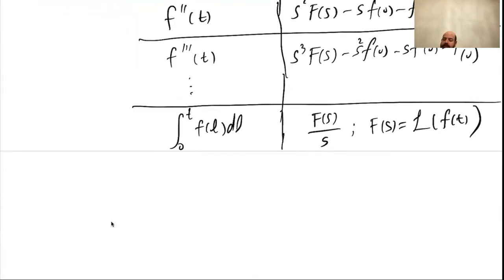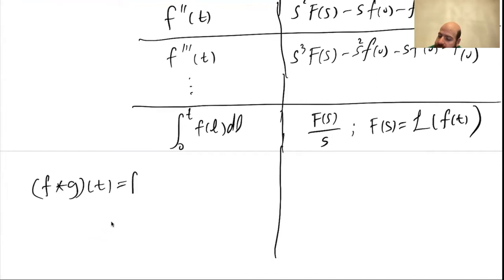And then we also calculated Laplace transform of convolution of two functions. So f star g of t, which is defined as integral 0 to t, f of tau, g of t minus tau, d tau. So convolution of two functions, denoted by f star g of t, is defined this way. What is its Laplace transform?